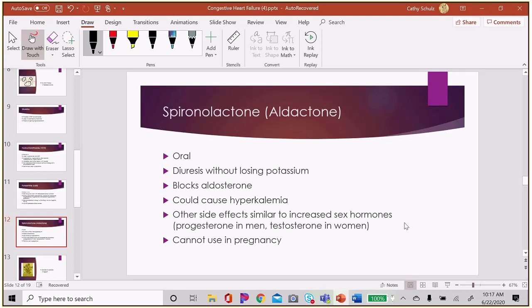So we have to remember what aldosterone is and what its usual job is, which means we have to go back to the renin-angiotensin-aldosterone system. So the usual job of aldosterone is to save water and sodium and get rid of potassium, because the whole system started because there's decreased blood flow, decreased blood pressure sensed by the kidney. And so renin is released by the kidney, which converts angiotensinogen to angiotensin 1.